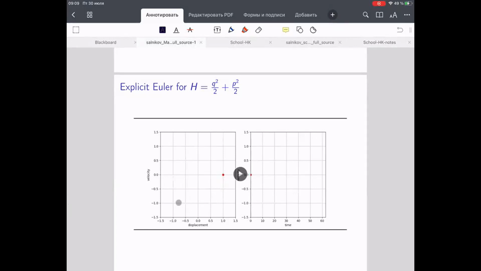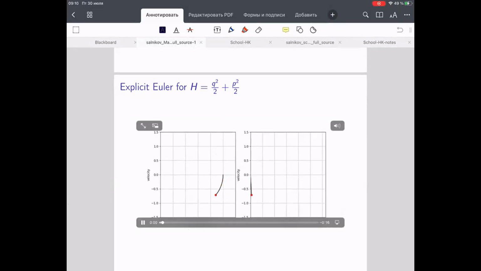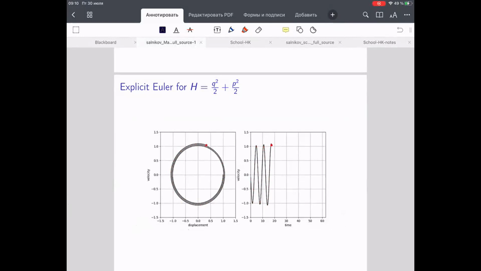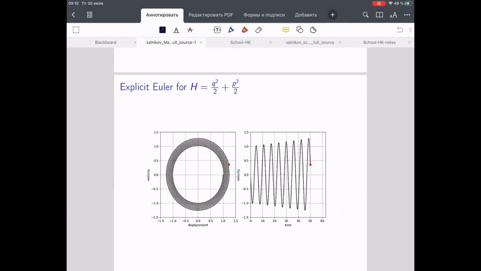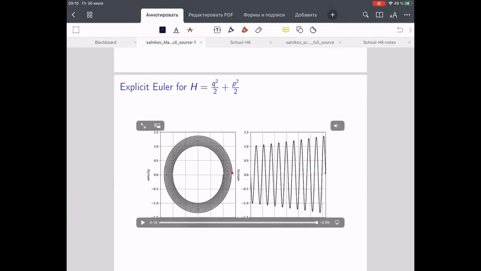So you want to see a circle here, and on this right plot you want to see some kind of oscillation. Now I launch the video, and this is not what you see, and this is precisely the same that you just saw with Avent. And the question is why? Why didn't the miracle happen?